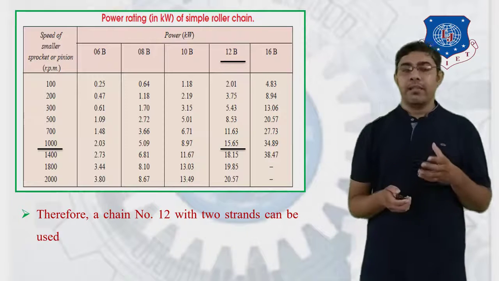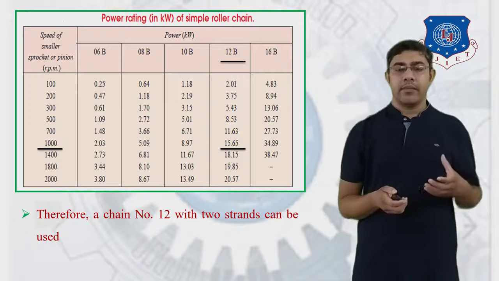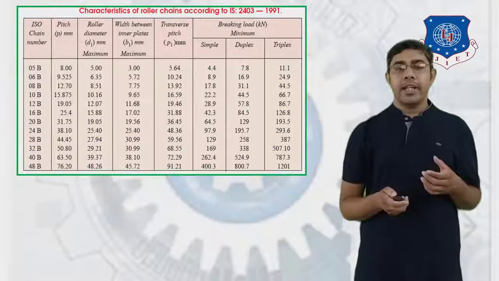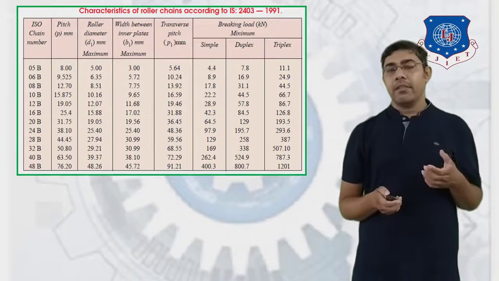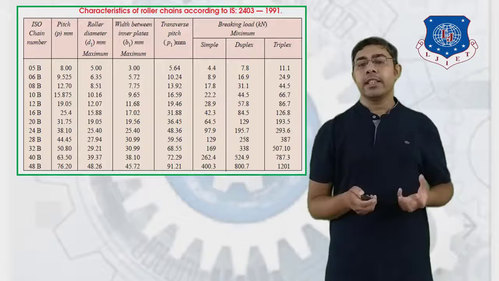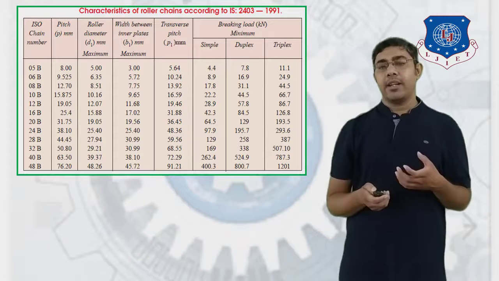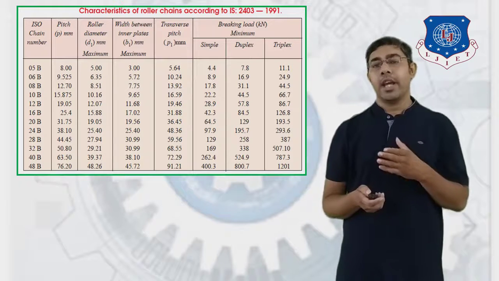Chain number 12B can be selected with two strands. So now we have chain type 12B. According to 12B, we have to take the characteristics of roller chain according to the standard IS 2403-1991.